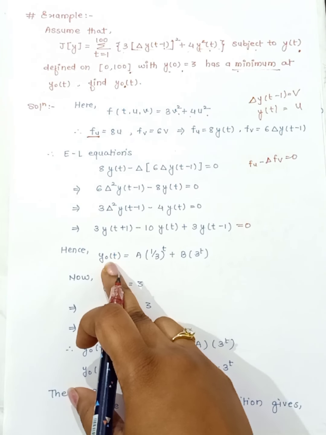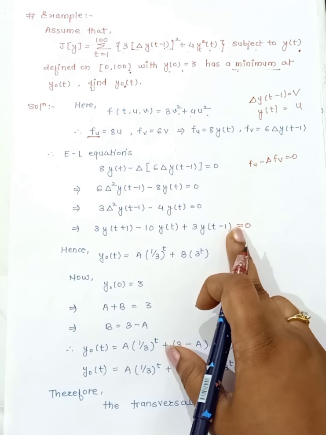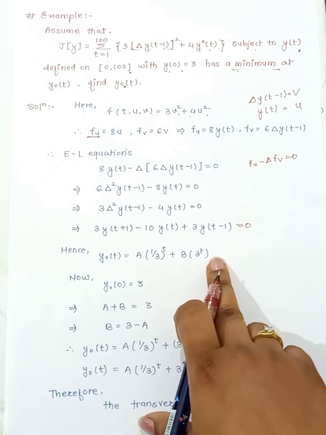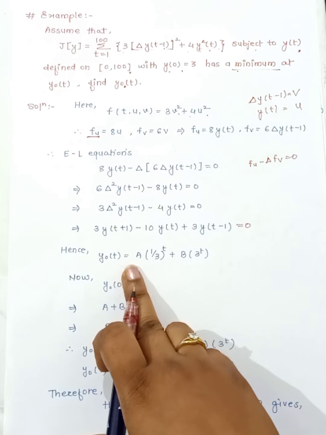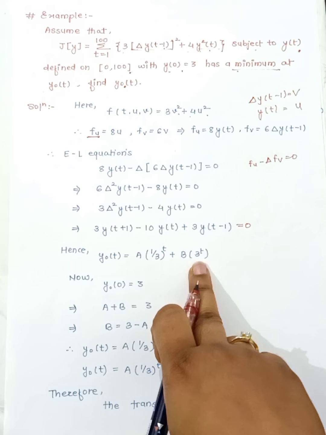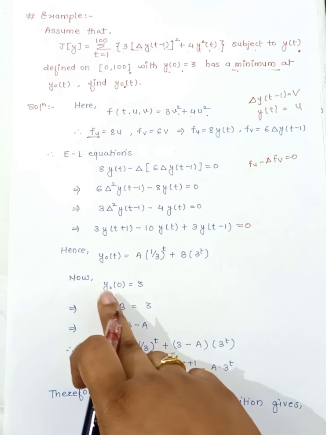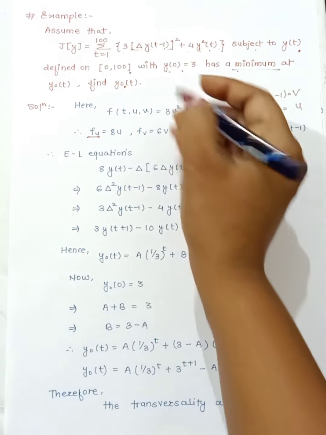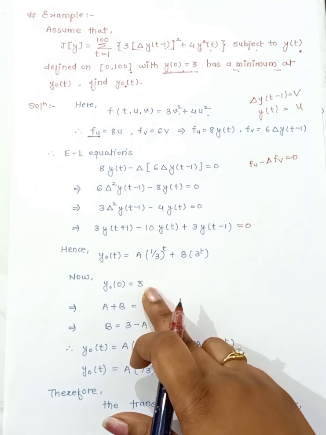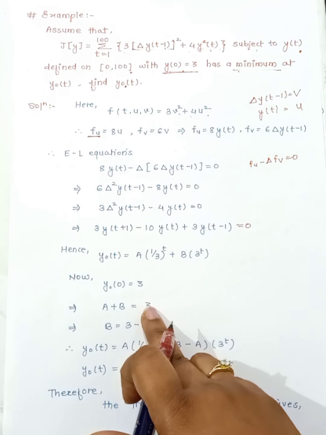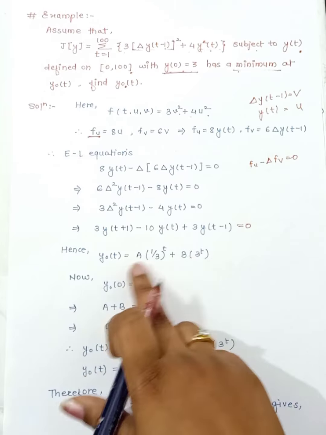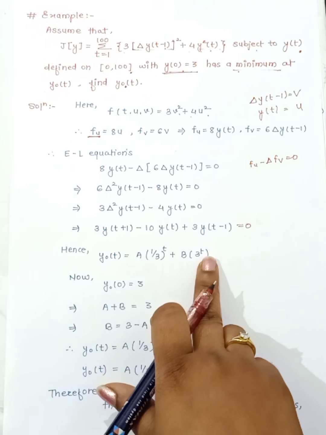Hence y0 of t will be, याचे आपल्याला रूट्स काढायचे. रूट्स काय मिळतील? 1/3 to the power t and 3 to the power t. So y0 of t equals a into 1/3 to the power t plus b into 3 to the power t. Now y0 of 0 equals 3 आपल्याला दिलेलं आहे ना स्टेटमेंटमध्ये, क्वेश्चनमध्ये. So y0 of 0 equals 3, a plus b equals 3. y0 of t च्या या व्हॅल्यूजमध्ये पुट करायचं. इथे 0, इथे 0.